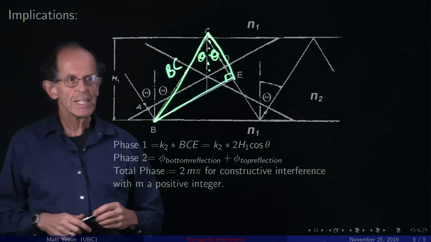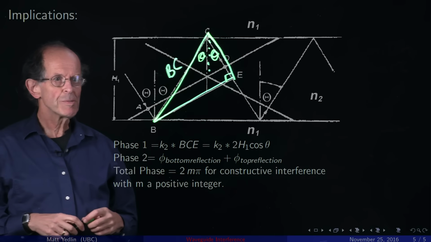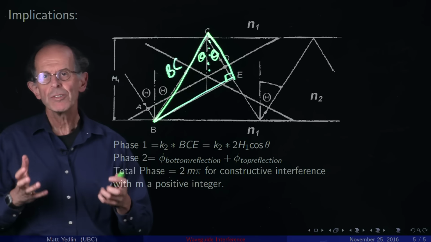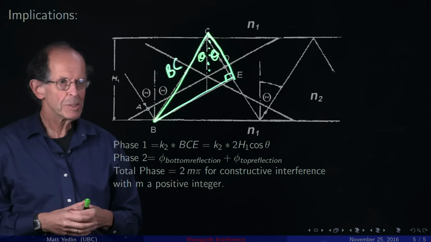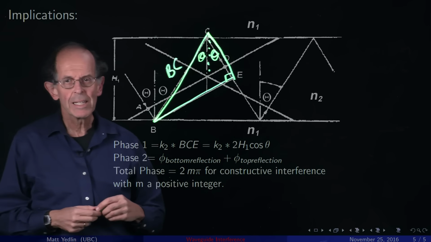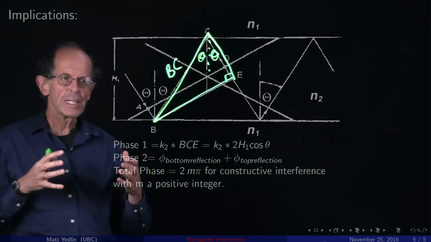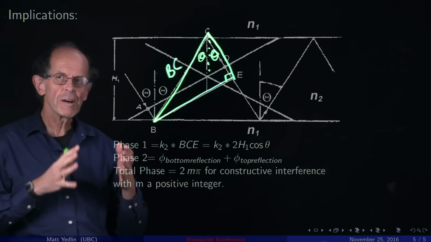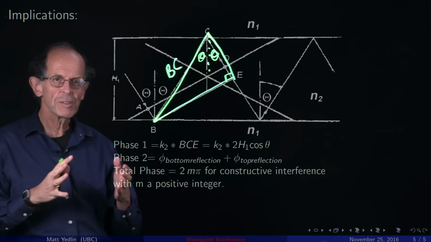Okay, so we have phase 1, the travel phase, and phase 2, the phase due to the dynamics of reflection. The total phase, as we just saw, was 2m pi. Let's see where this takes us in terms of the implications of this constructive interference condition.